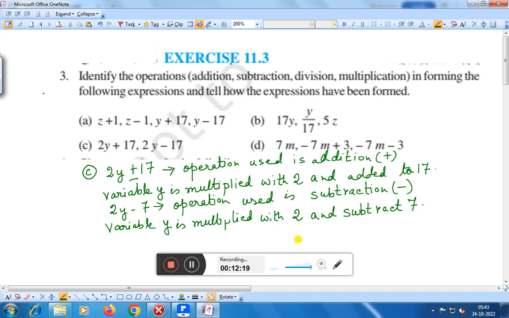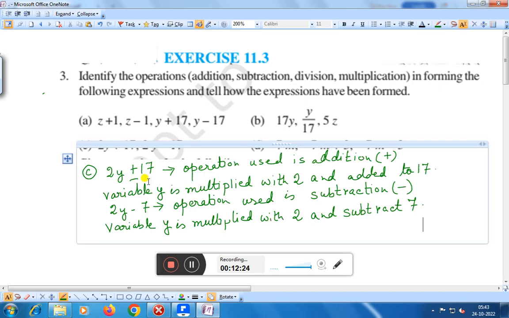Okay, in this way the expression has been formed. We solved question number C. Next we'll solve question number D.